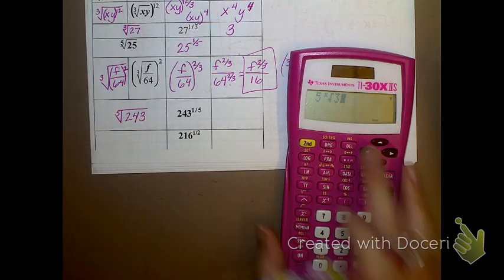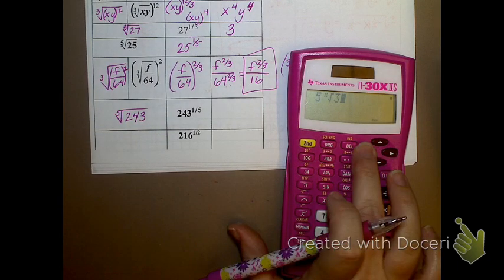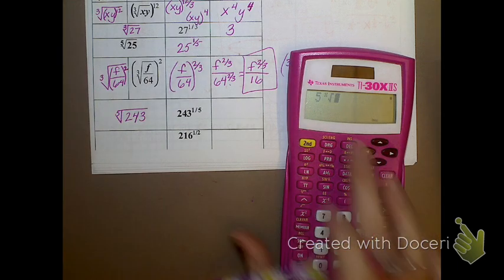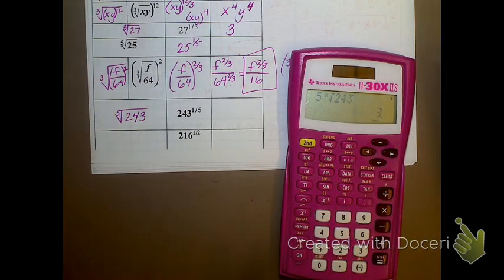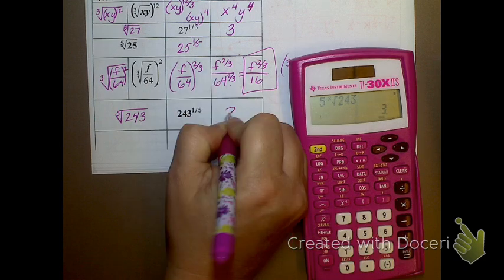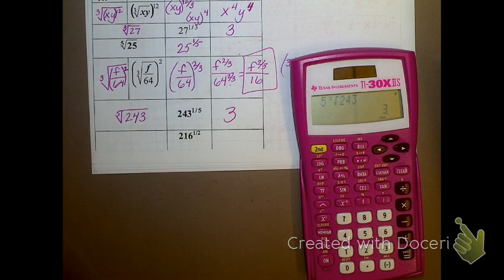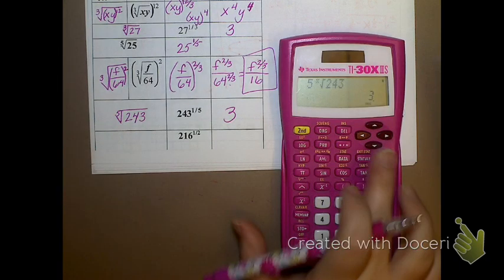Happen to already have a 5th root there, but the 5th root of 243. Any guesses? 3. It's 3. Now, if I don't trust that my fingers typed in the right thing, what could I do to check that? I could see if 3 to the 5th equals 243. So 3 to the 5th, yep, 243.